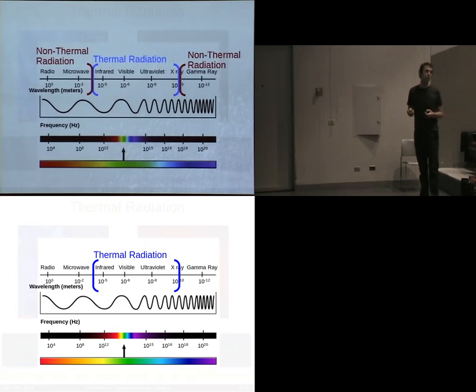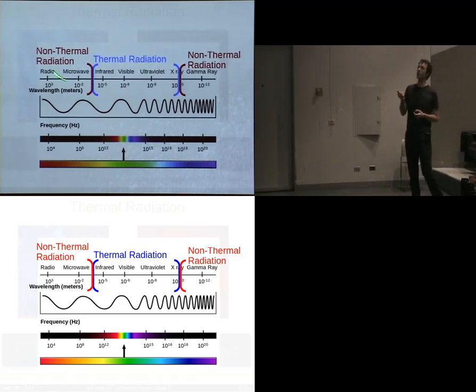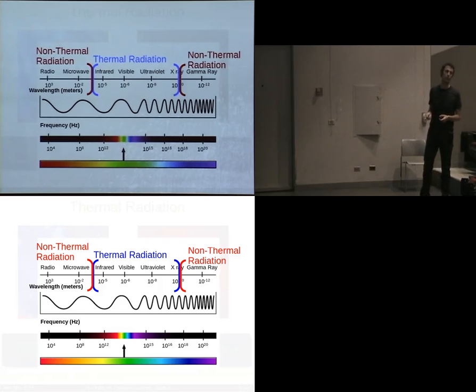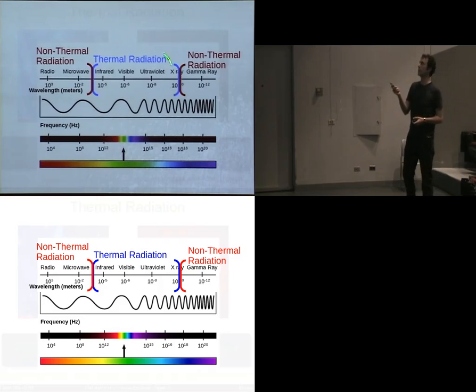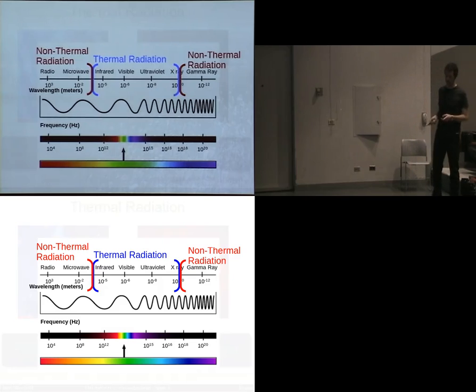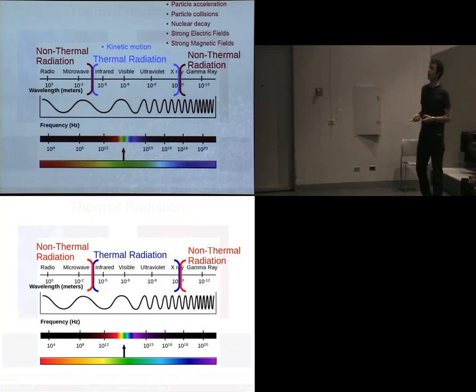Typically we use non-thermal processes to make radio and microwaves, and also high energy X-rays and gamma rays. The non-thermal stuff happens in this gap as well. This is not a special zone; non-thermal works here as well. But our familiar experience is that thermal happens in this region and non-thermal happens in these other regions.